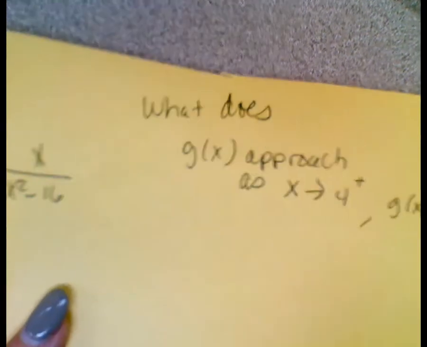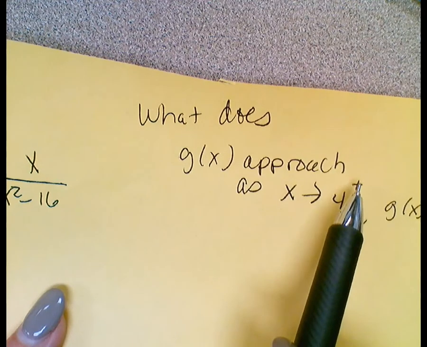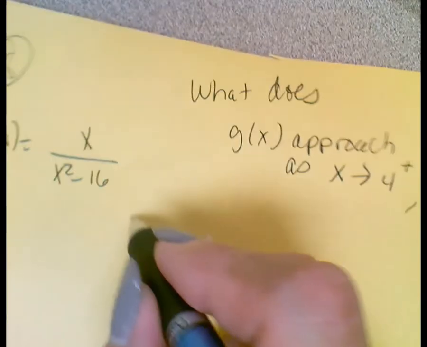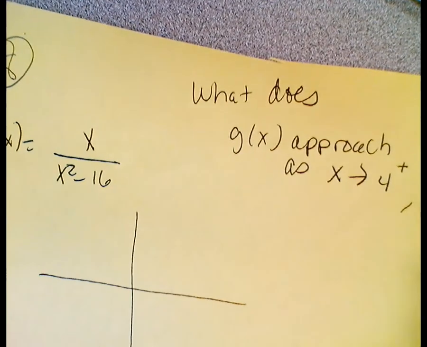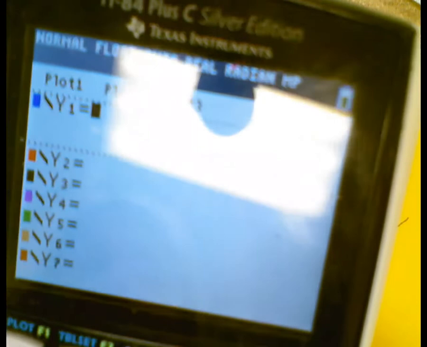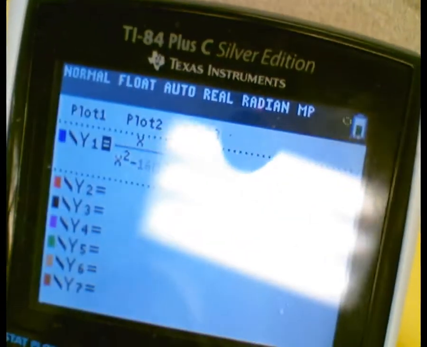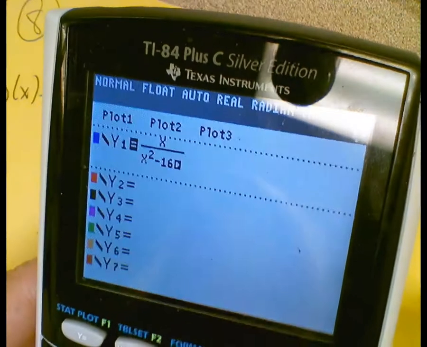This one, what does g of x approach as x approaches 4 from the right? So you don't have to do this. You can just look in your calculator. Actually, just punch this in the calculator. Okay, so there it is, x squared minus 16.